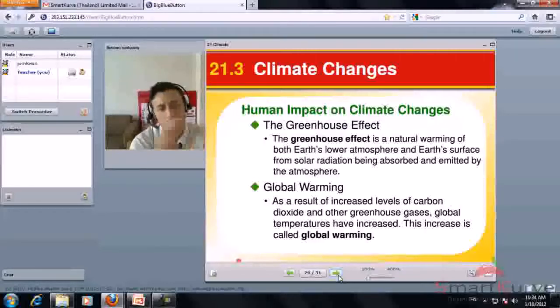Then above the violets, when we go to more high energy radiation, we find what we call ultraviolet radiation. Now that also, we cannot see it, but it's much higher energy than visible light.